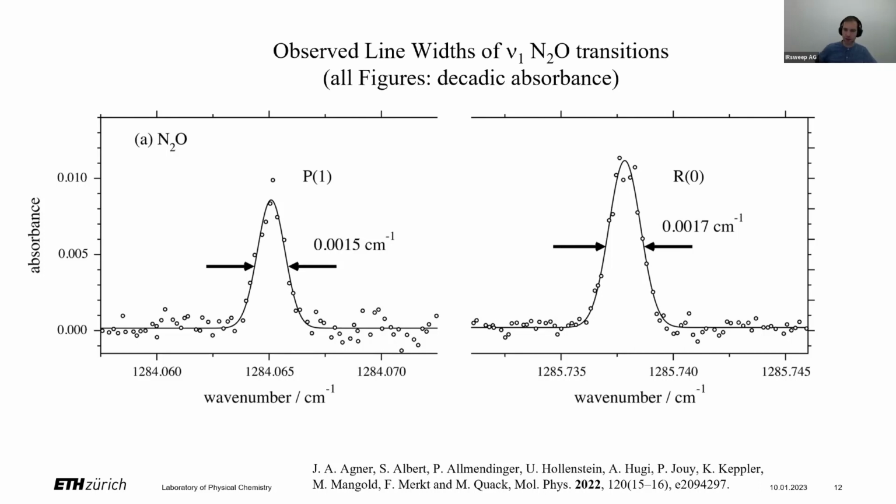Maybe I also have a question just about this graph here. We've seen the narrower lines of CF4 in the 6 × 10⁻⁴ range, and now here we're up to a few × 10⁻³. Can you explain to me why we observe broader lines for the N2O measurement than we do in CF4? Yes, the reason for this is that we had a pretty weak signal.